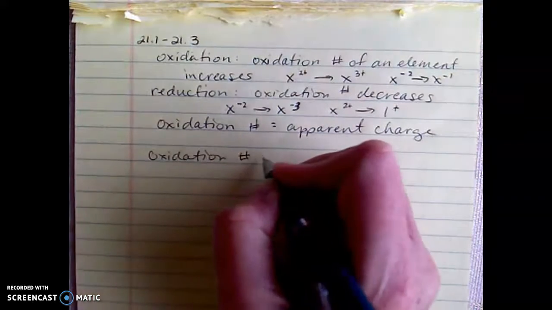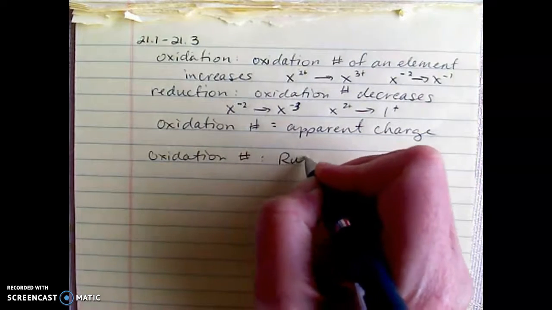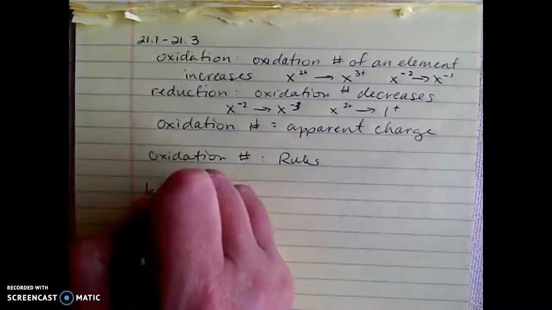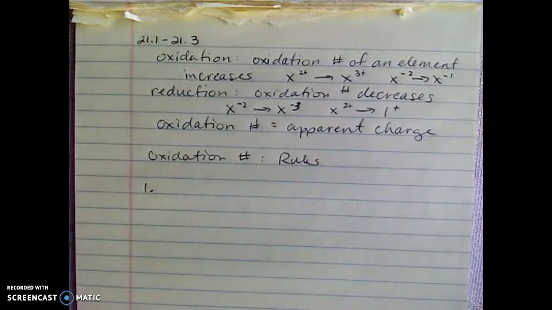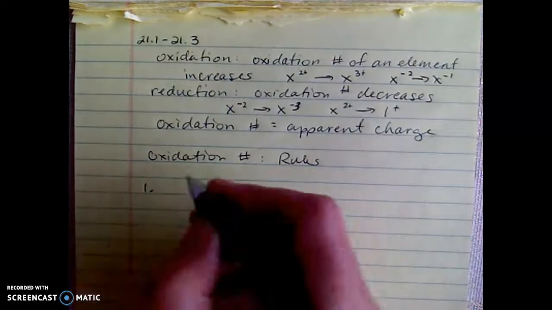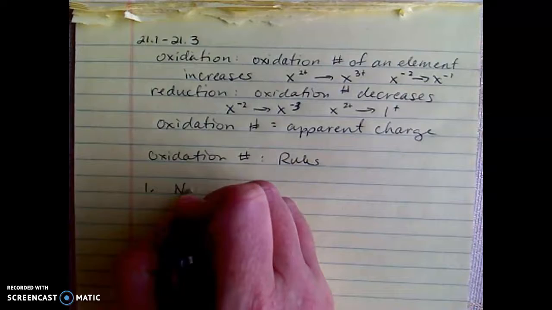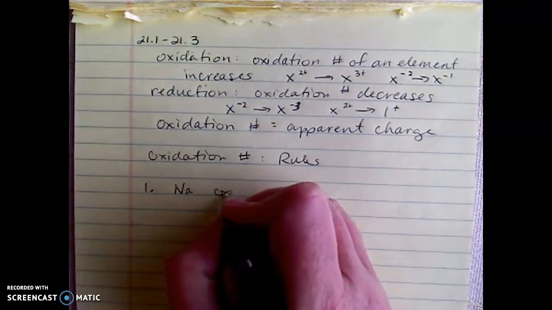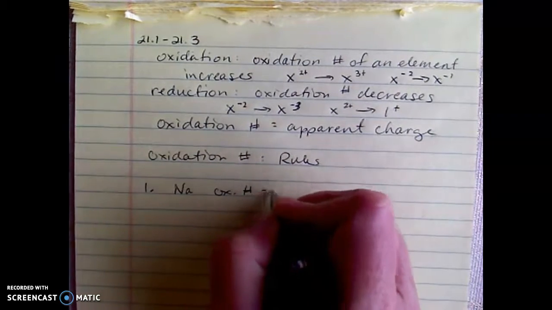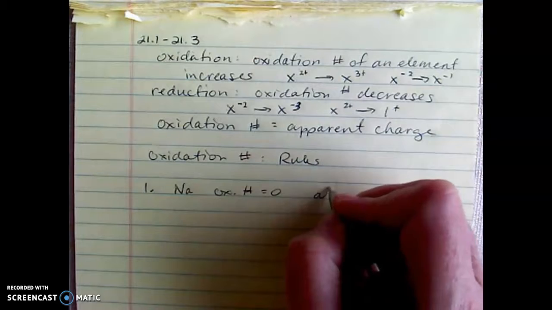There are some rules. First rule: if you have an element in an uncombined state, so it's all by itself, its oxidation number will be 0. For example, if you have Na, its oxidation number is 0, because it's just an atom.